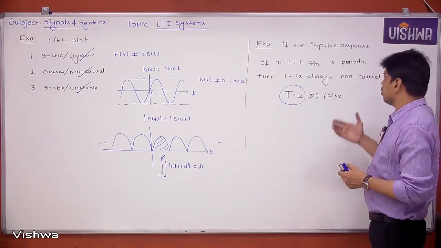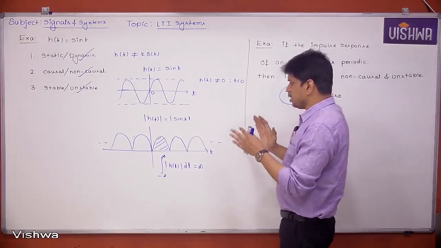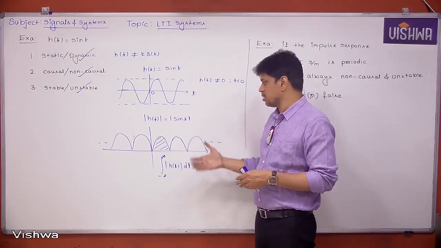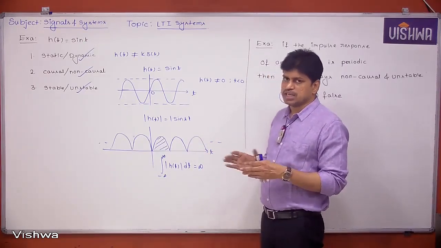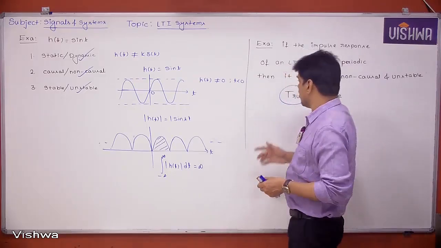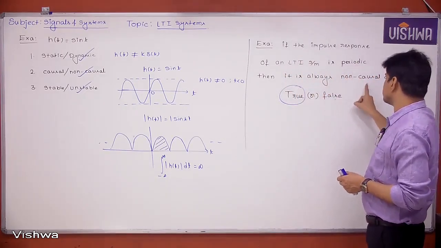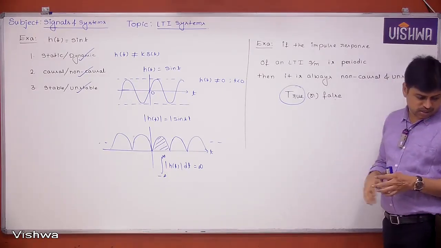Next, what about whether it is stable or unstable? If you take the modulus of a periodic signal, everything will go to positive values. If you try to find the area under this curve, definitely that is going to be infinity. So yes, if the impulse response is periodic, then it is always non-causal and unstable. It's true only. Okay, take it.